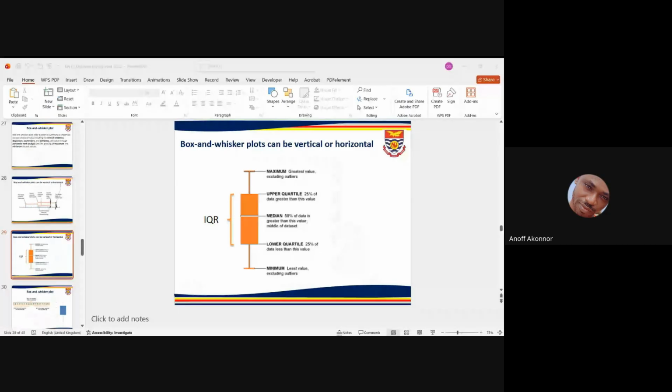Now, when we go to the median, which is the 50%, it simply means that 50% of the marks fall below and 50% also fall above. That is what it means, right?